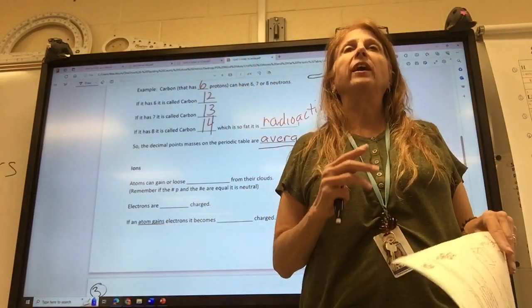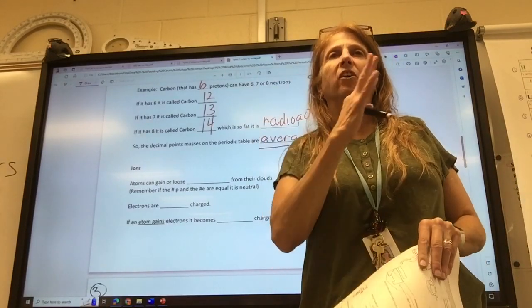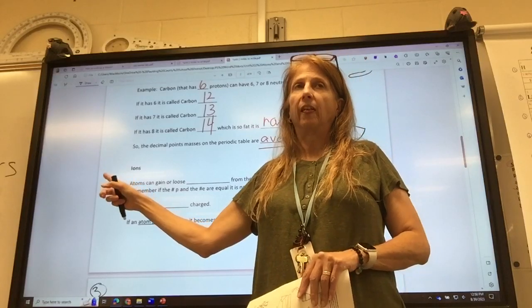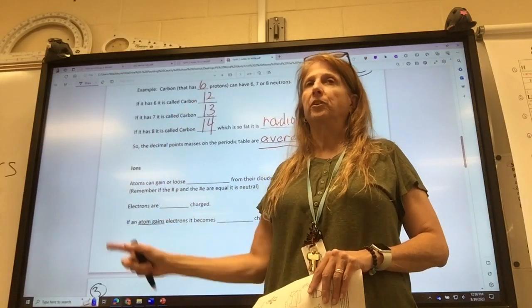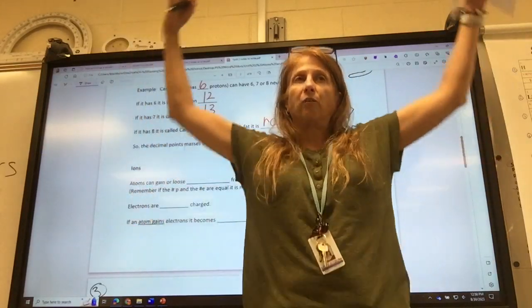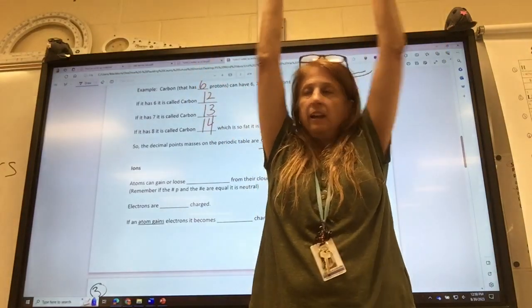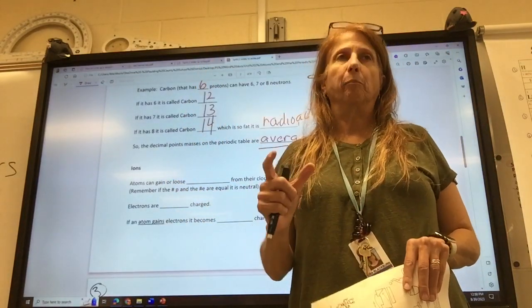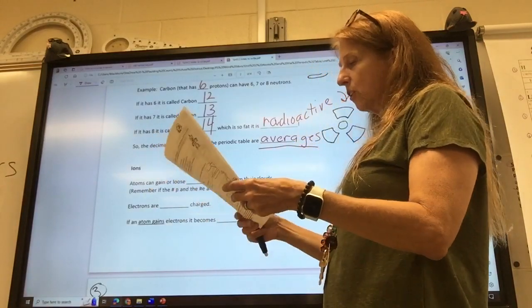But there's also another thing that starts with the letter I, and that makes it confusing, and they're called ions. Ions and isotopes are two different things. Isotopes are fat and thin, but ions are charged atoms.